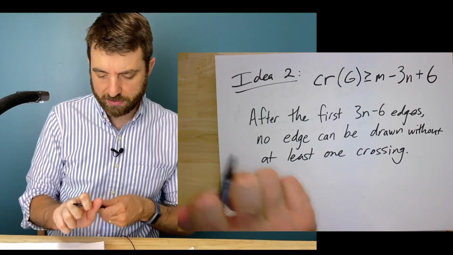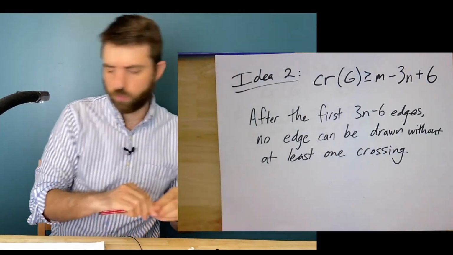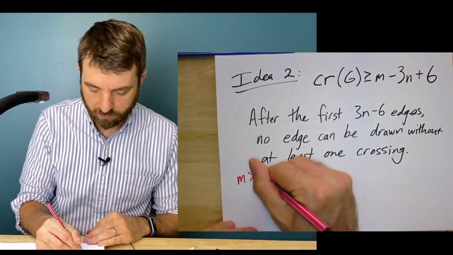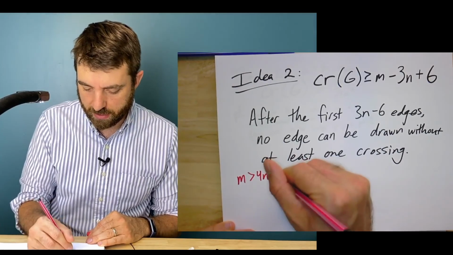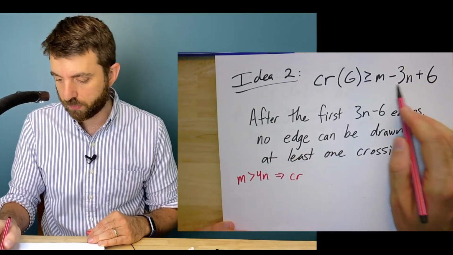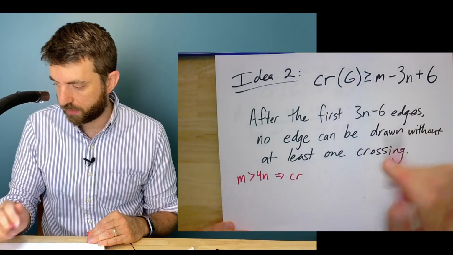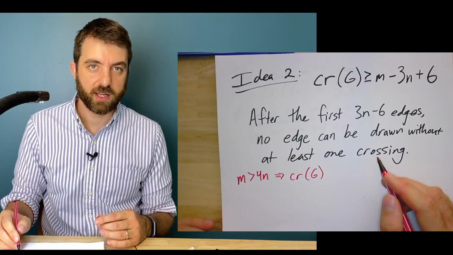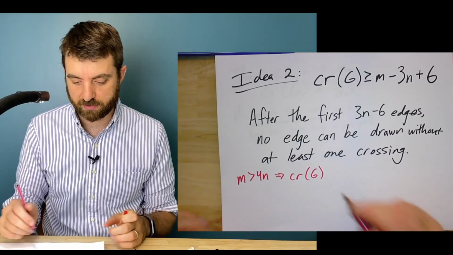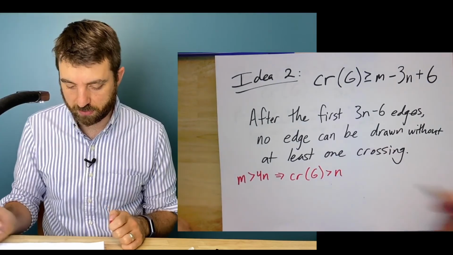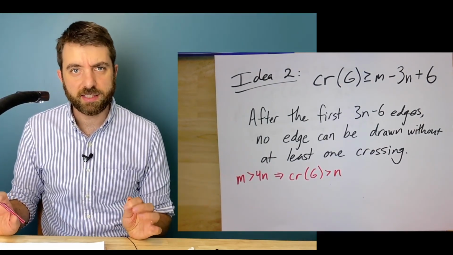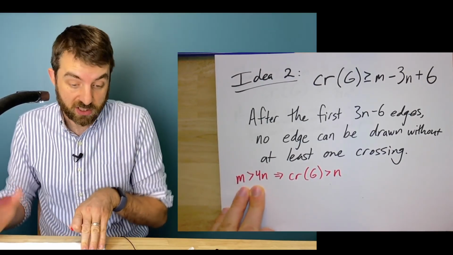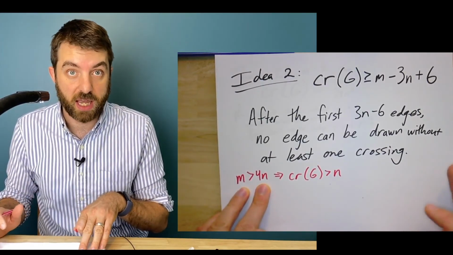So if I took a graph with, say, at least 4n edges, so if m is bigger than 4n, then it implies that the crossing number is bigger than something like 4n minus 3n plus 6. Let's say it's bigger than n. So I can guarantee now a linear number of crossings as long as I have this number of edges, which is actually still linear in n.